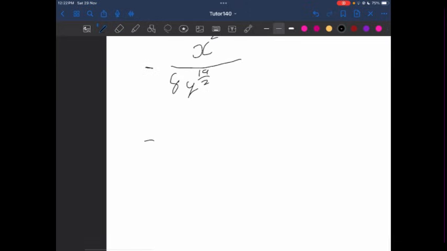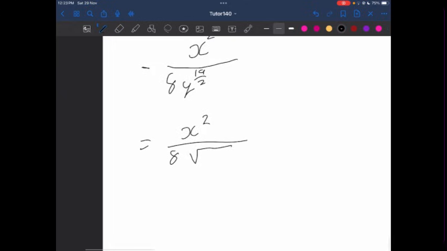We could just write that as x squared over 8 square root of y to the power 19. Since it's 2 in the denominator, it would have been a 2 here. If that was a 3 there, it would have been 3. If it's a 4 there, it would have been 4, right? And then you keep the 19 as what y is being powered by.